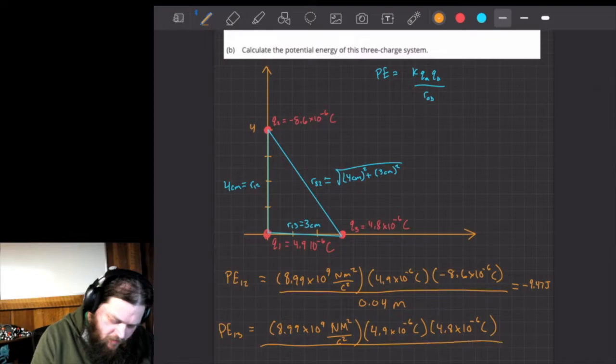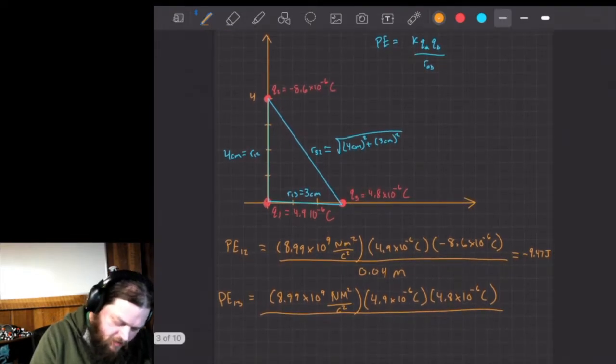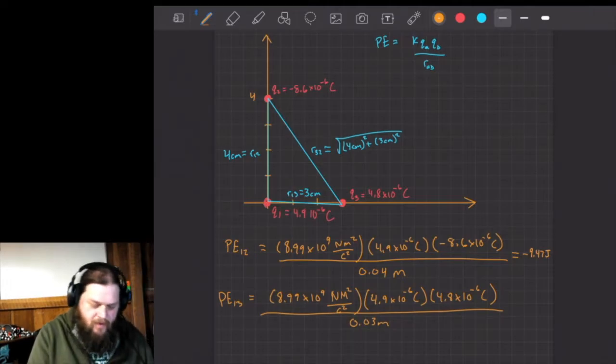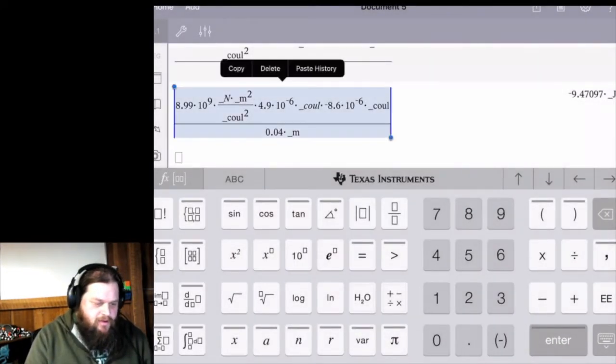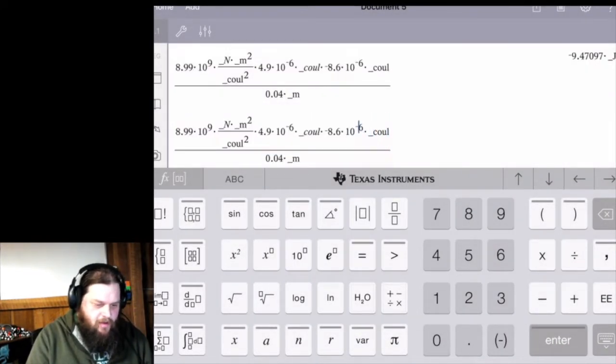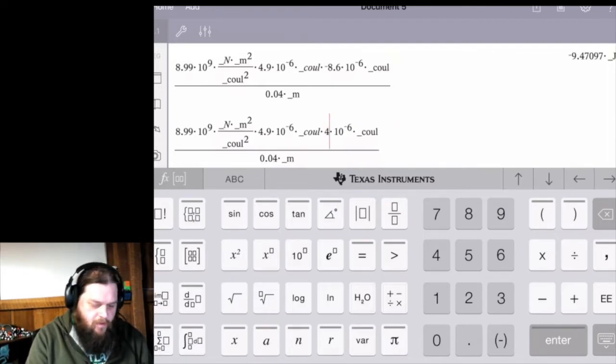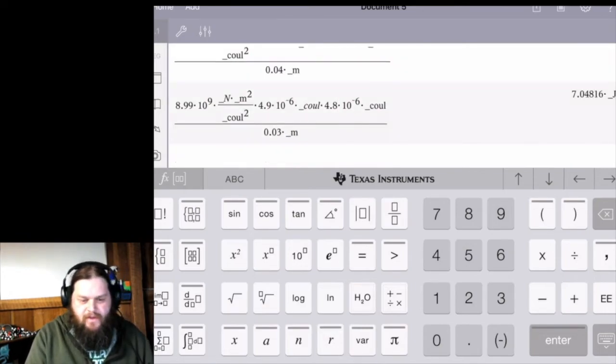We're going to divide that whole thing by the distance between those, which is 0.03 meters, 3 centimeters. Plugging that in, we can use the same equation we had before and just change the value from negative 8.6 to 4.8, and the distance on the bottom to 3 centimeters. And that gives us 7.05 joules.